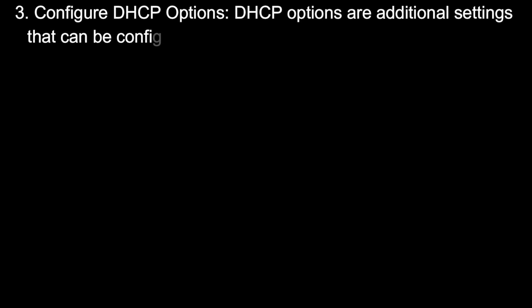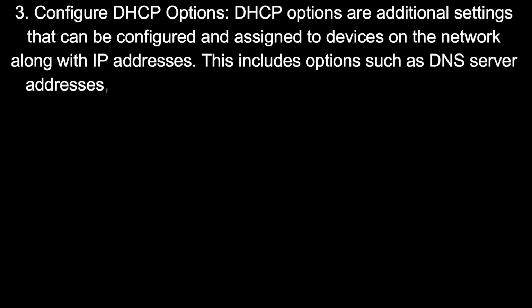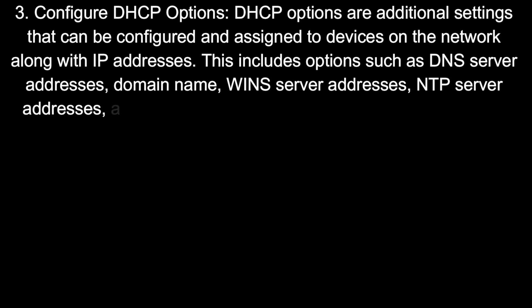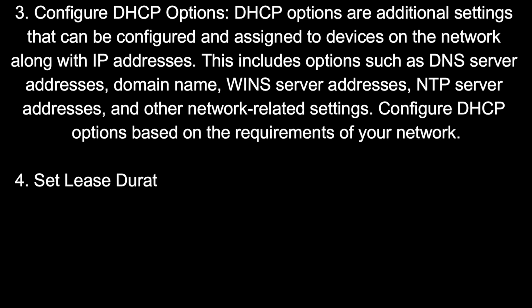3. Configure DHCP options. DHCP options are additional settings that can be configured and assigned to devices on the network along with IP addresses. This includes options such as DNS server addresses, domain name, WINS server addresses, NTP server addresses, and other network-related settings. Configure DHCP options based on the requirements of your network. 4.